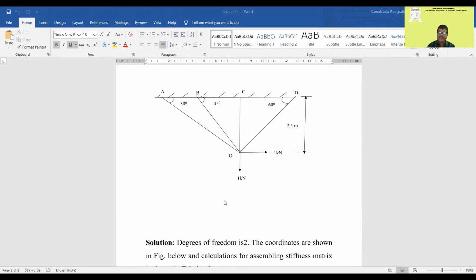A, B, C, D are fixed, and my members OA, OB, OC, OD are at angles of 30 degree, 45 degree, 60 degree, and this angle is 90 degree.